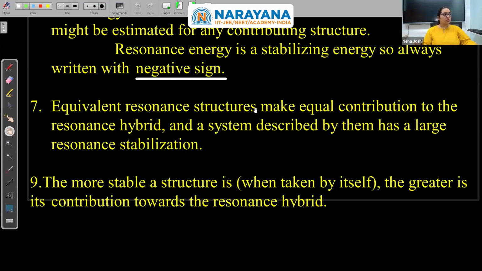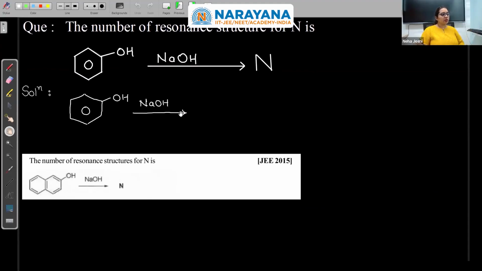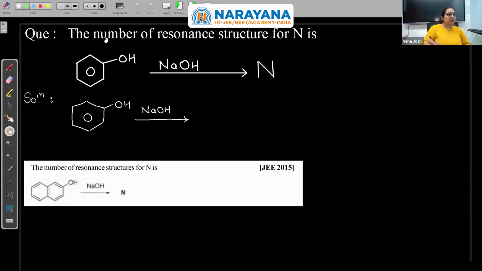Okay, moving to next point. See what type of questions appeared on this concept. First, see the number of resonance structures. This type of question could appear. So phenol reacts with NaOH. So you will have an acid-base reaction and phenoxide is formed. Okay. Now this phenoxide can resonate as we have just drawn the structure 2 pages back.